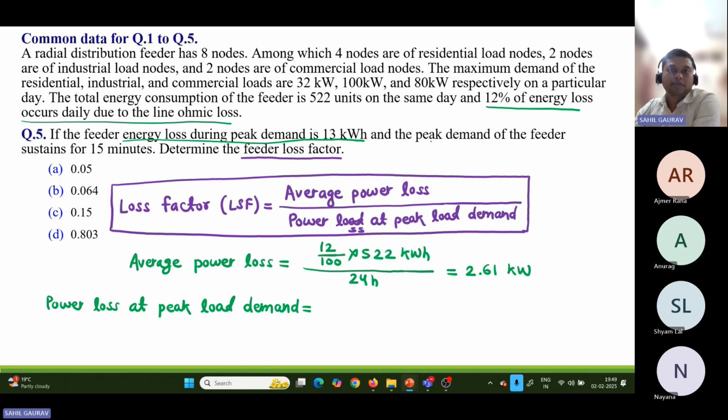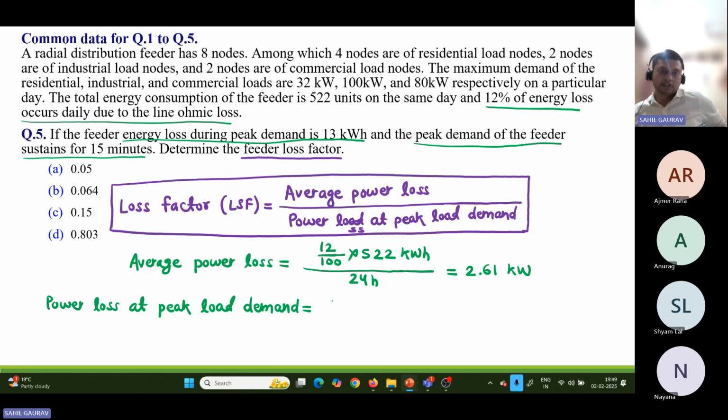And this peak demand sustains for 15 minutes. So we can find the average of this energy loss during peak demand. They have given the energy and we have to find the power.